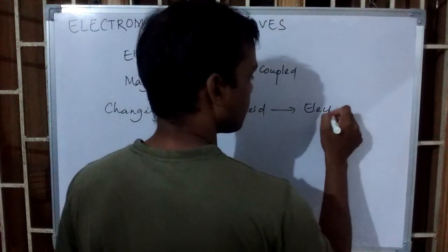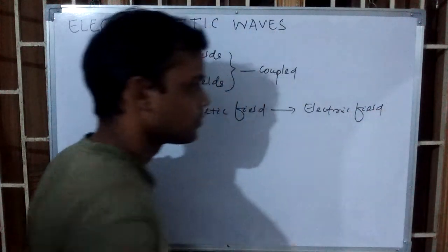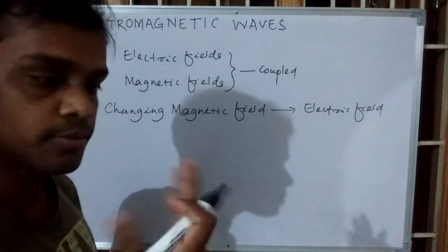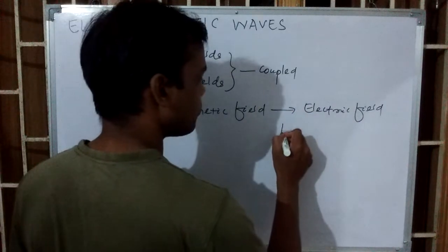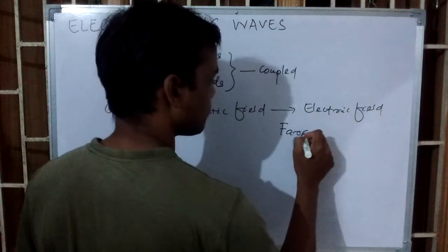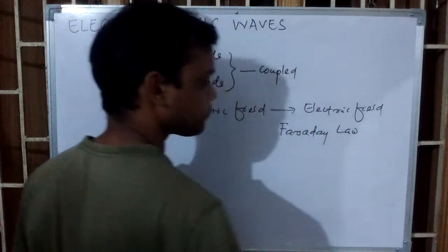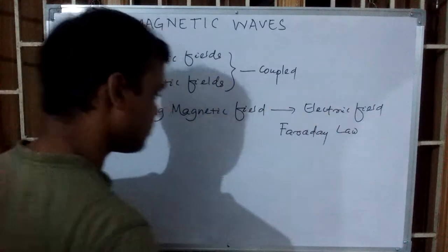Electric field. What electric field? That is electromotive force or potential difference, and from potential difference we get electric field. So this is according to Faraday's law. Changing magnetic field produces electric field.